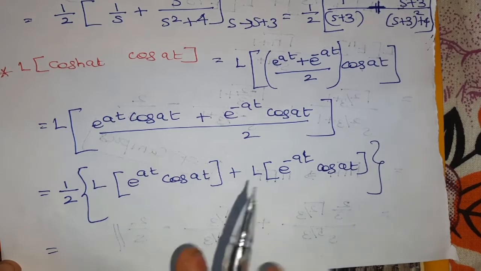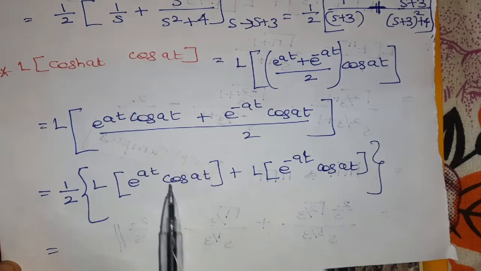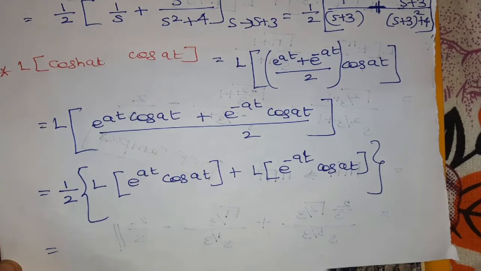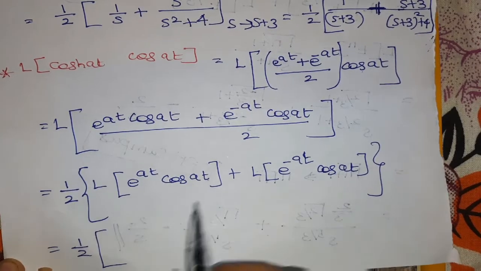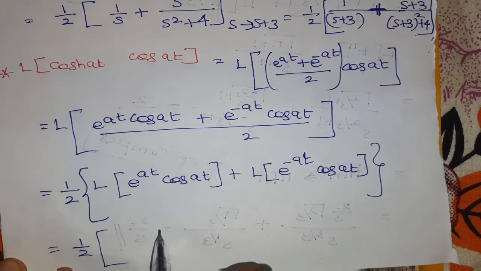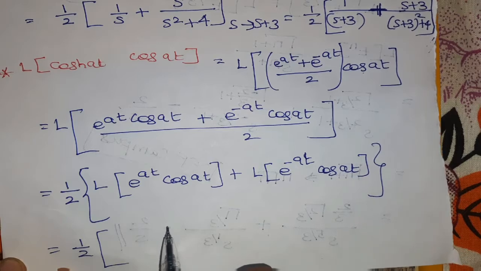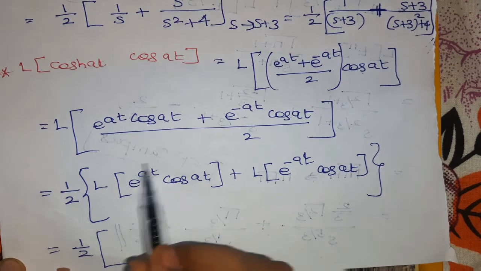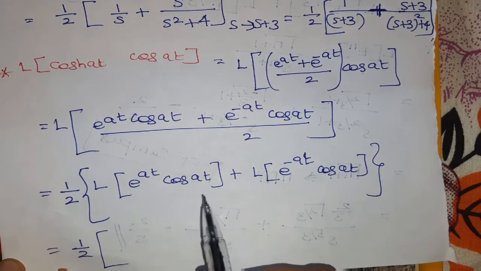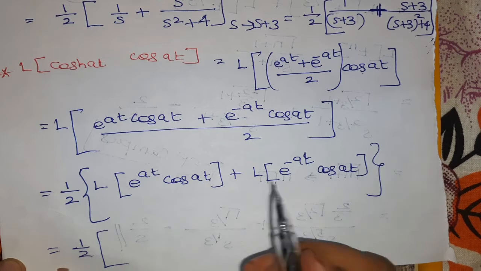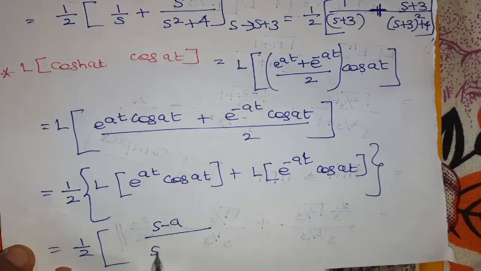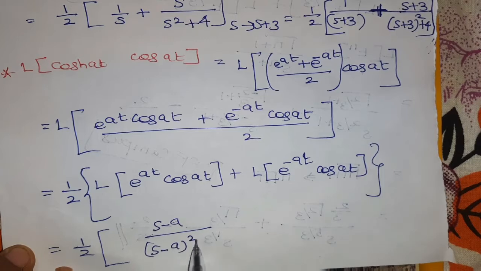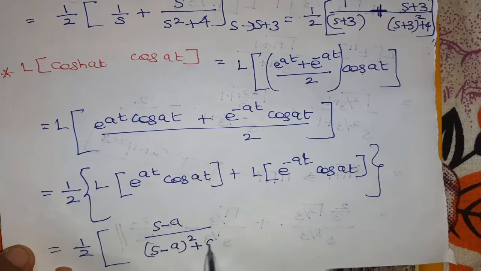We know the shifting property: Laplace transform of e power at cos at is equal to half into cos at, which gives s divided by s square plus a square, here multiplied by e power at. So in place of s we have to replace s with s minus a. So s minus a divided by s minus a the whole square plus a square.